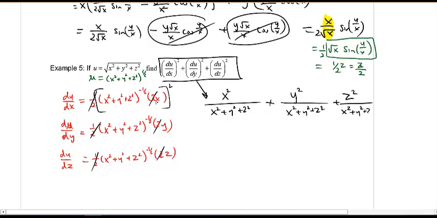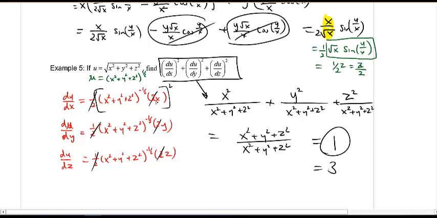Did you perhaps get x squared plus y squared plus z squared all over x squared plus y squared plus z squared? And if you said this equals 1, you are correct. If you said this equals 3, you're not correct, okay? Don't do this, 3 over 3. But in any case, this is just 1. Yay!